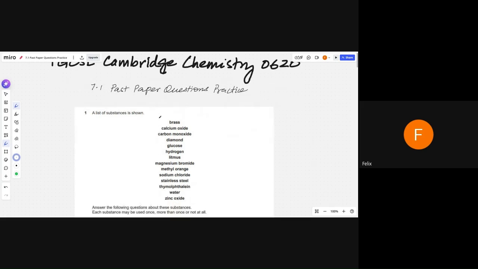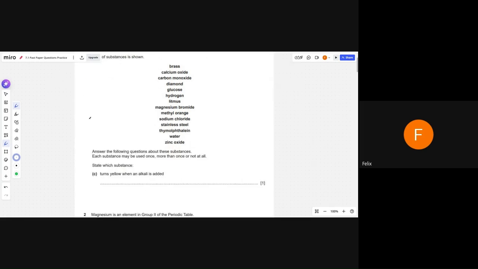Now, question number 1 says: state which substance turns yellow when an alkali is added. So this is about indicators. Indicators are chemicals which change color when they come in contact with an acidic or basic medium.